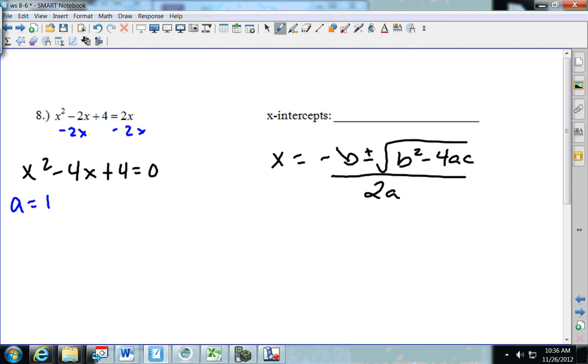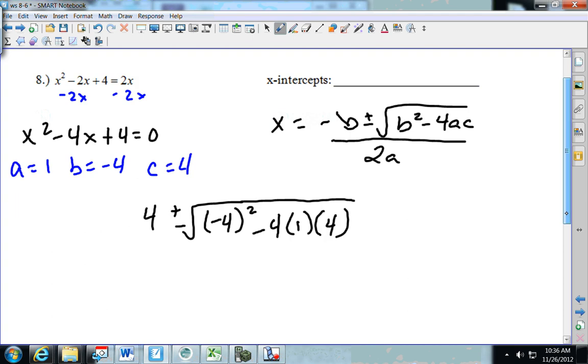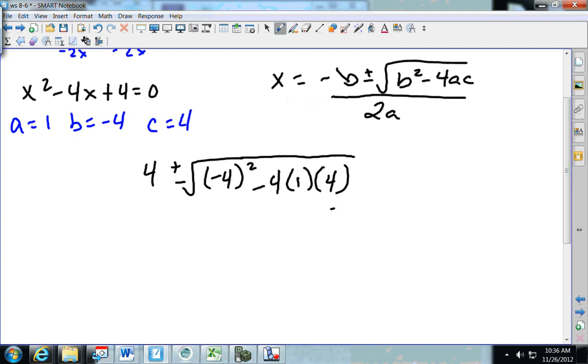A is 1, b is negative 4, c is 4. The opposite of negative 4 is positive 4, plus or minus the square root of negative 4 squared, minus 4 times a is 1, times c is 4, all over 2 times a.